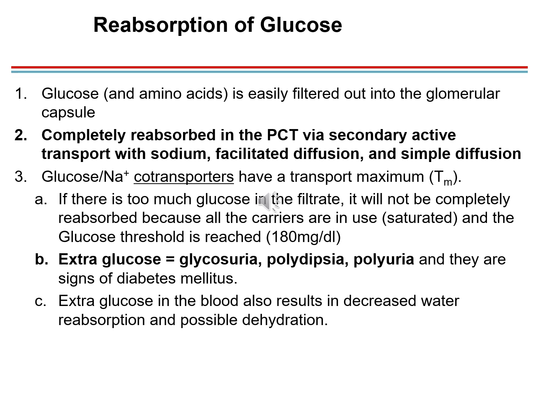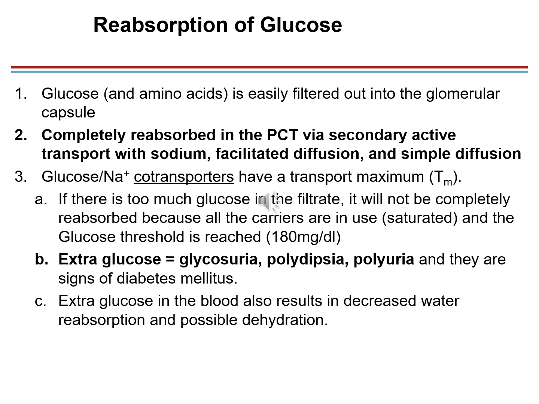Now, extra glucose in the blood also results in decreased water reabsorption and possible dehydration, as I mentioned before. This complex mechanism is important to understand because we need to keep glucose levels in balance regardless of whether you have diabetes or not.